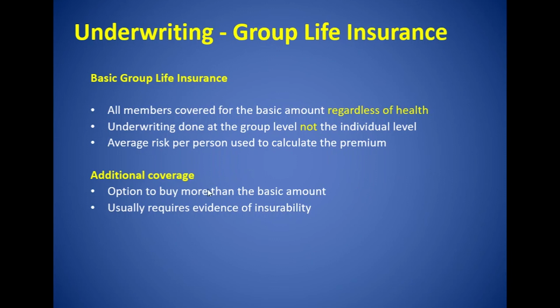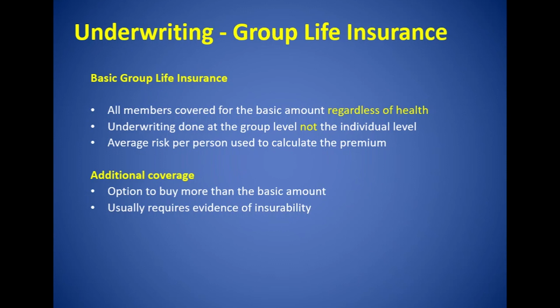Now, under some group plans, you may have the ability to buy more than the basic amount available under the group plan. For example, you can buy 1 times your salary up to 2 times your salary without providing any medical information.